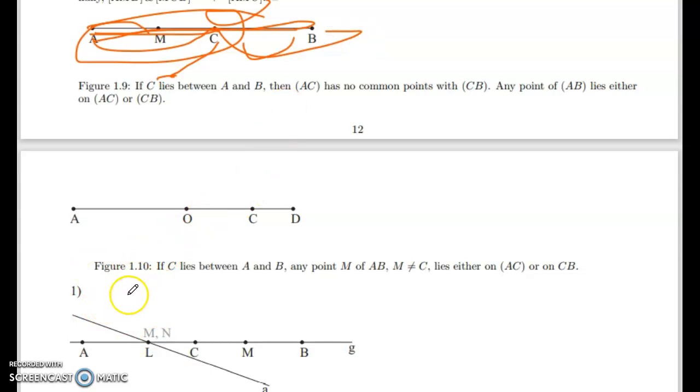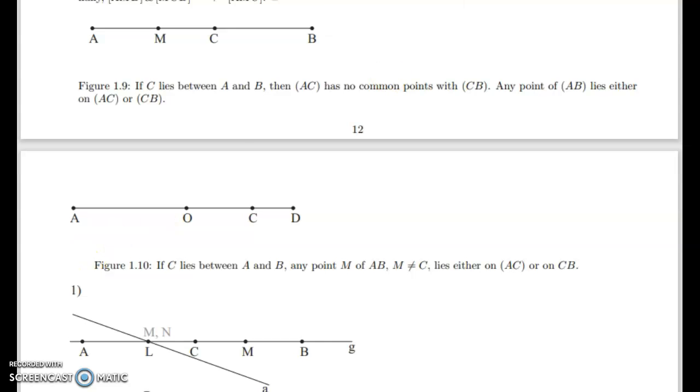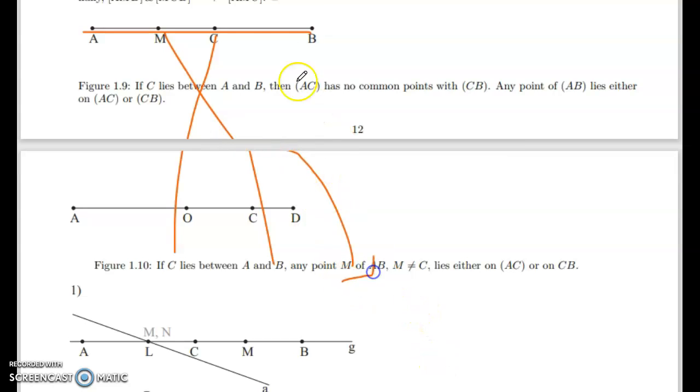Here in this next figure, if C lies between A and B, any point M of AB, M not equal to C, lies either on AC or on CB.